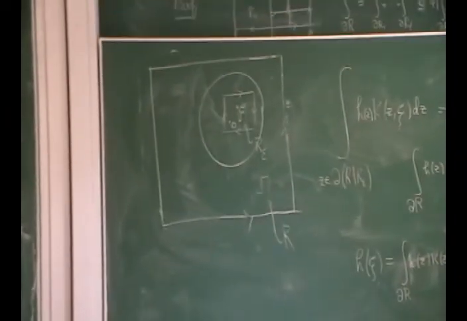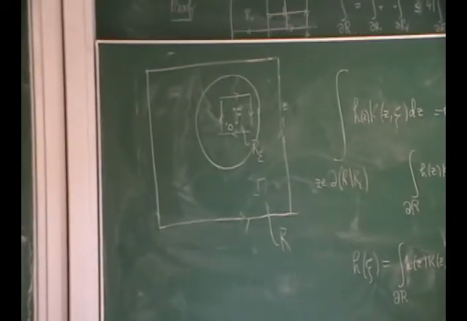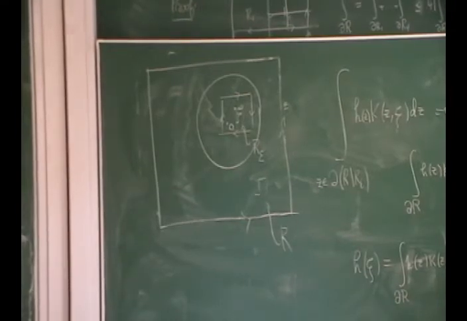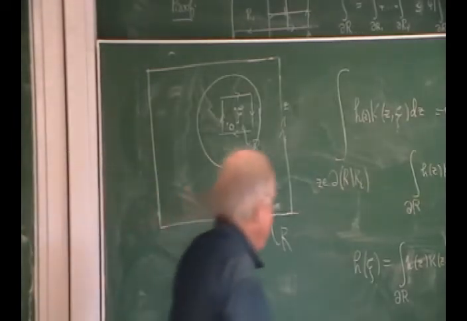If I put 0 in that circle, and zeta is inside the circle, and z is outside the circle, then zeta over z is less than 1. All I did here was make a translation which changes nothing. So I put a circle there, and then it's okay.